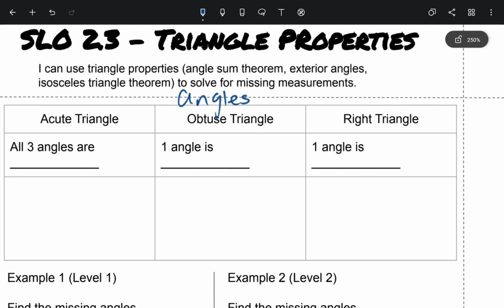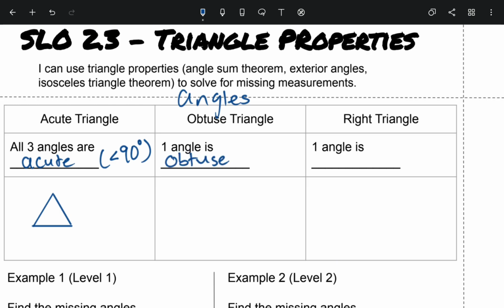An acute triangle is where all three angles in the triangle are acute, which remember means less than 90 degrees. Now, all triangles are going to have at least two acute angles, but it's that third angle that determines what type it is. So for an example, an obtuse triangle has one angle that is obtuse or greater than 90 degrees.